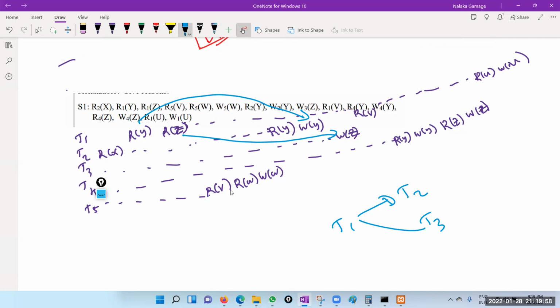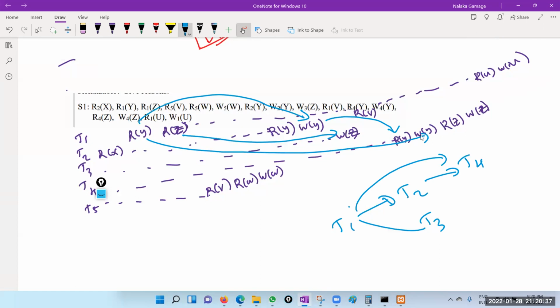This is V, also read, read, no issue. Y read, write Y, read Y: that is T2 to T4. Then write Y, read Y, write Y: T1 to T4.